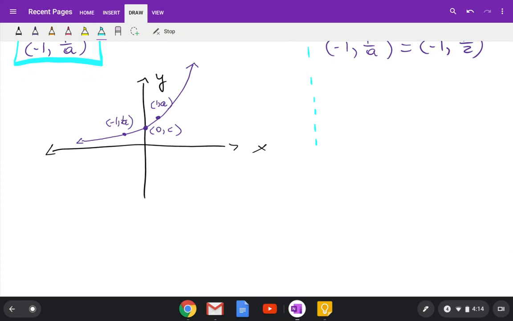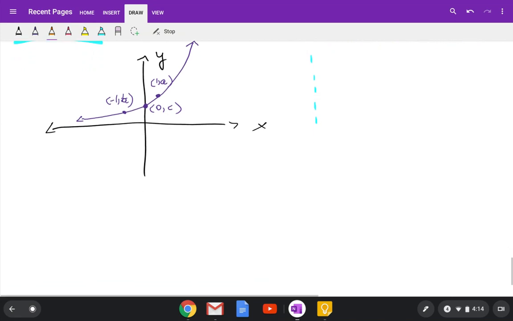So let's describe it. Let's talk about the domain. Domain, that's your x values. So it's going to be from negative infinity to infinity. Let's talk about range. Range, that's your y values, which will be from 0 to positive infinity.